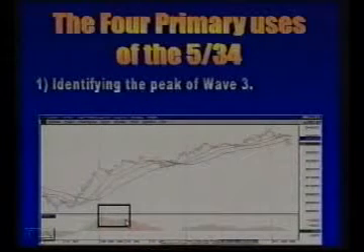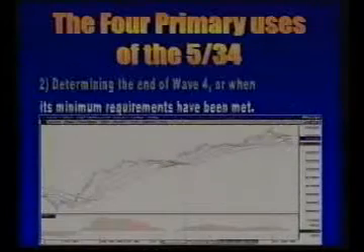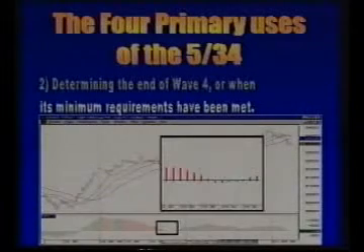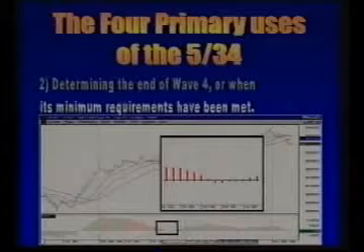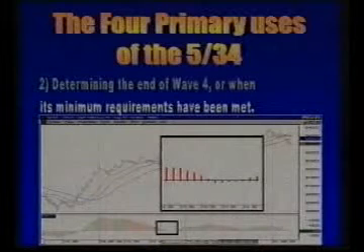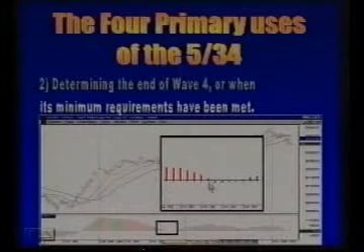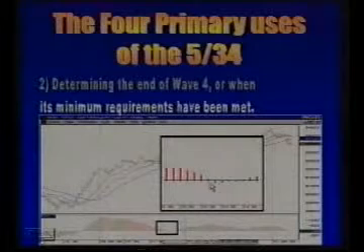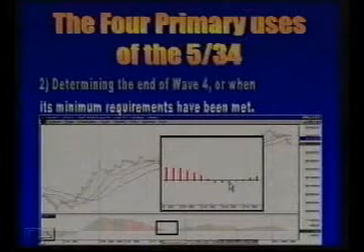A second primary use of the 534 is determining the end of wave 4, actually when the minimum requirements for wave 4 have been met. What I've done is enlarge this so that you can see that in this wave 4, the oscillator just barely goes below 0.0. That's okay.